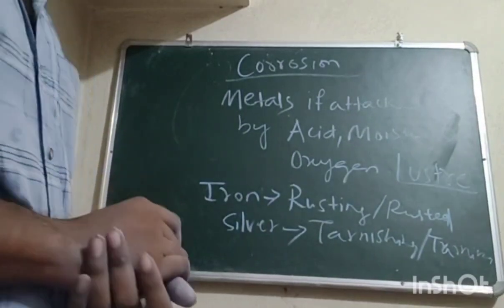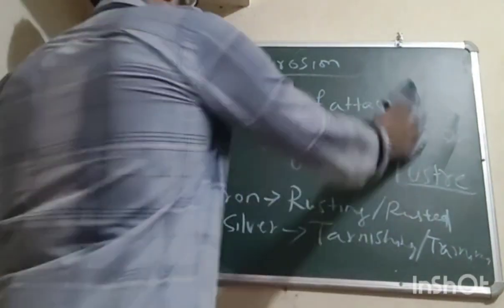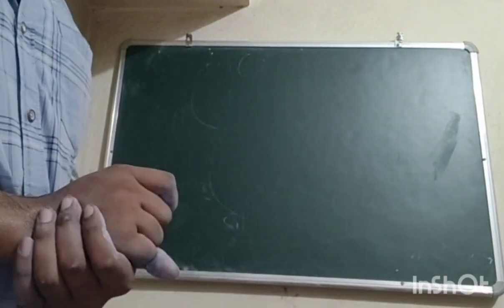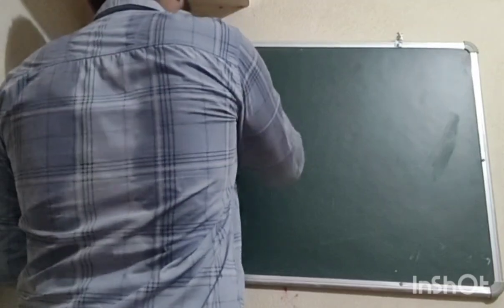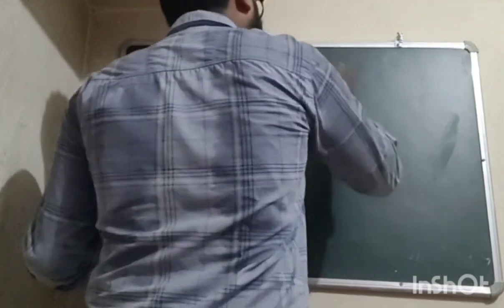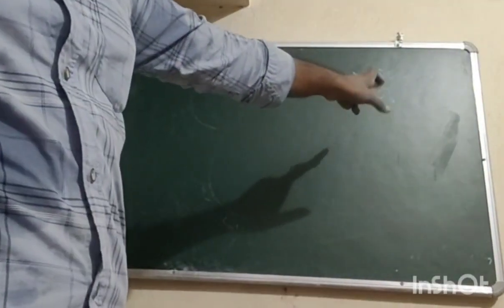So now we will see how this rusting and all occurs. We would first start with iron. Now this oxide of iron is reddish brown in color.